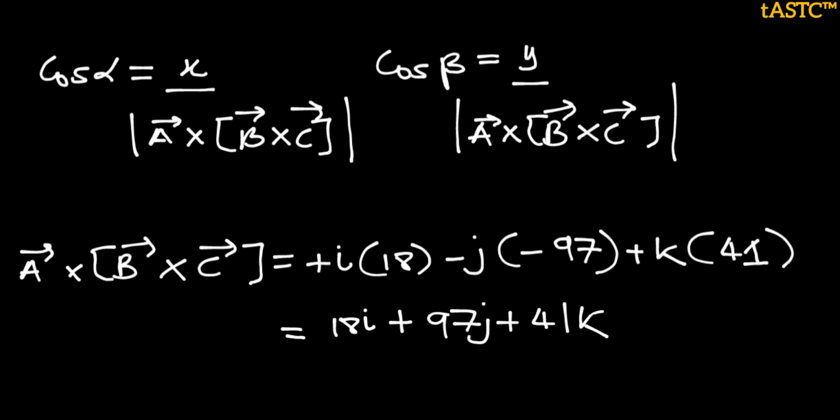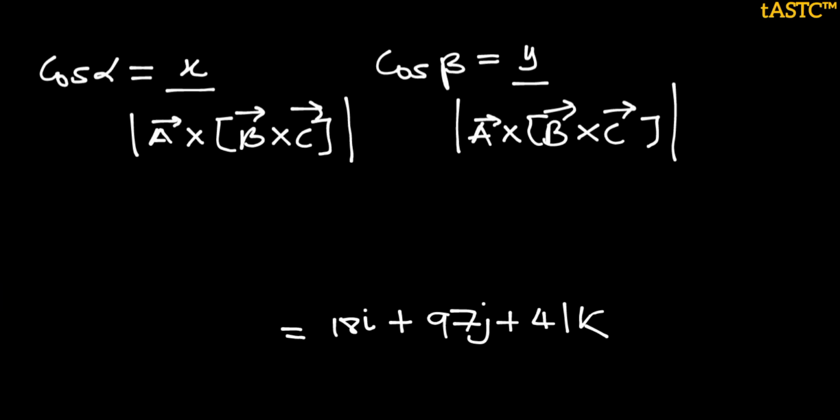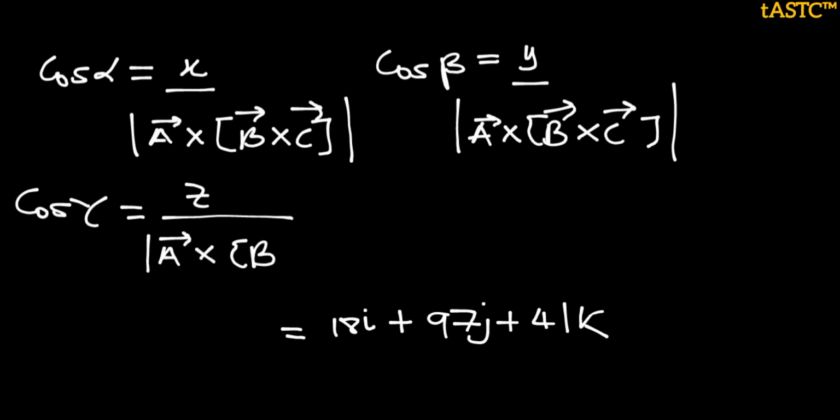And you're going to have it for the last one, that is cos gamma, and that is going to be equal to z divided by the same thing, the magnitude of a cross b cross c. So this is all bracketed.